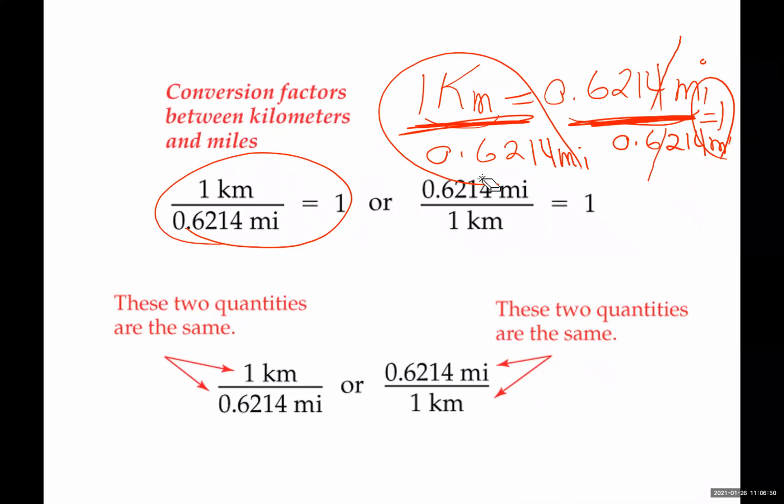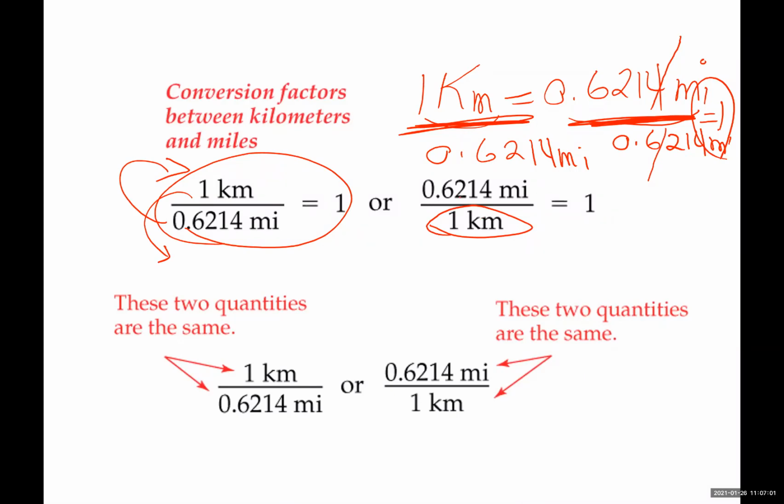What if I do this? I turn this ratio upside down, bringing 1 kilometer to the bottom and 0.6214 miles to the top. Can I say these are identical? The ratio is 1. In other words, if this is equal to 1, the inverse of it, which is 1 over 1, is 1.